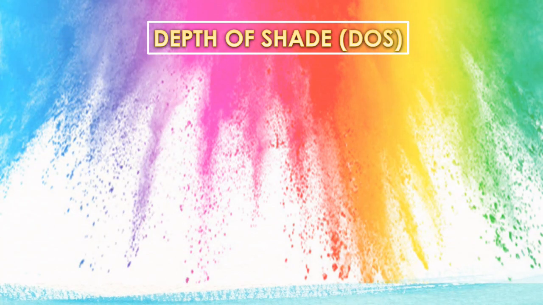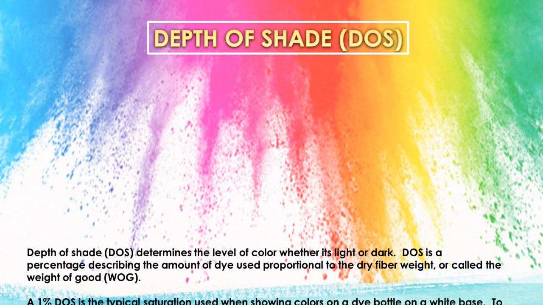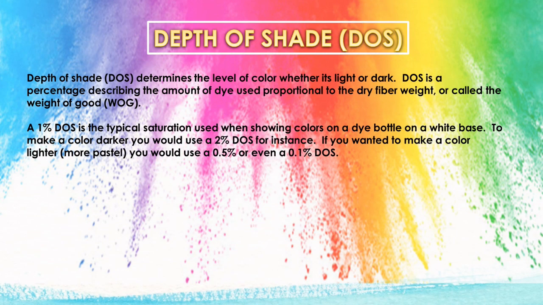When we talk about dye color or dye stock, we're going to talk about it as depth of shade, or DOS. You're going to see this quite a bit. So the depth of shade determines the level of color, whether it's light or dark. The depth of shade is a percentage describing the amount of dye used proportional to the dry fiber weight, called the weight of goods, which is WOG.